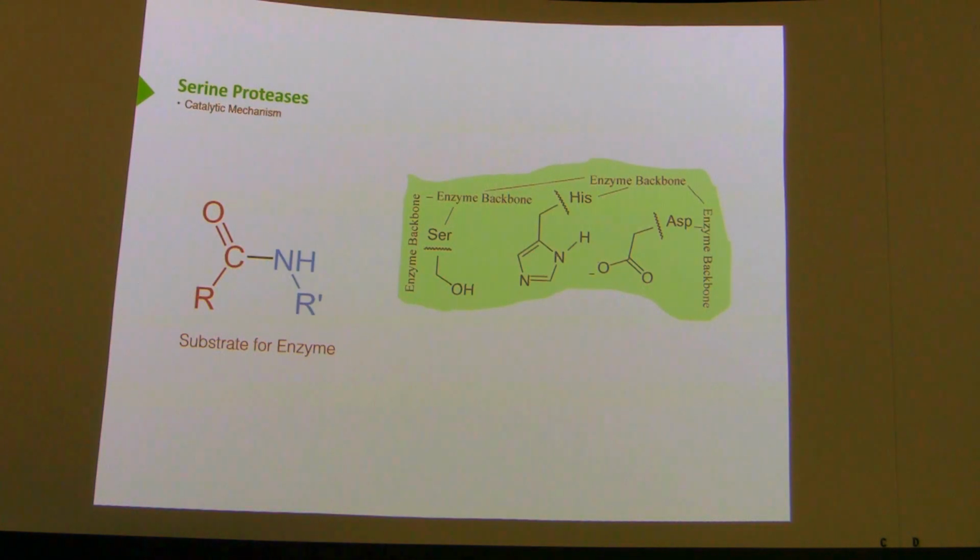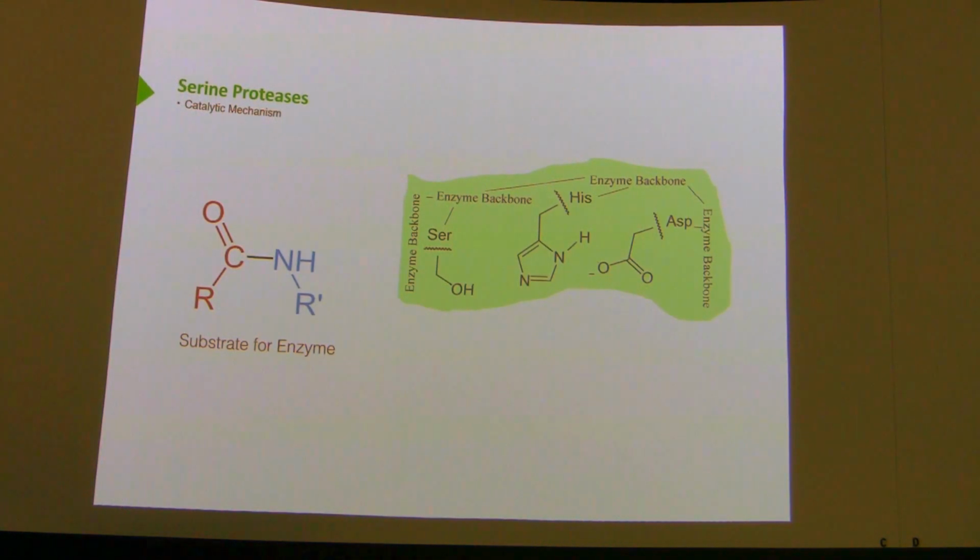Now, looking inside the active site, we see 3 amino acids that are essential for the catalytic action of serine proteases. They're called the catalytic triad. Yes, that's an important term, the catalytic triad. The catalytic triad consists of the amino acids serine, histidine, and aspartic acid.